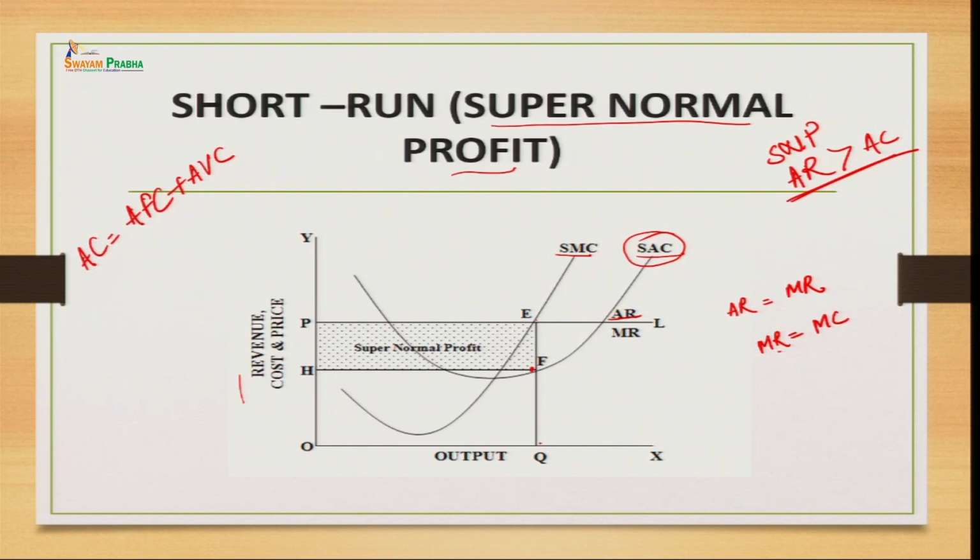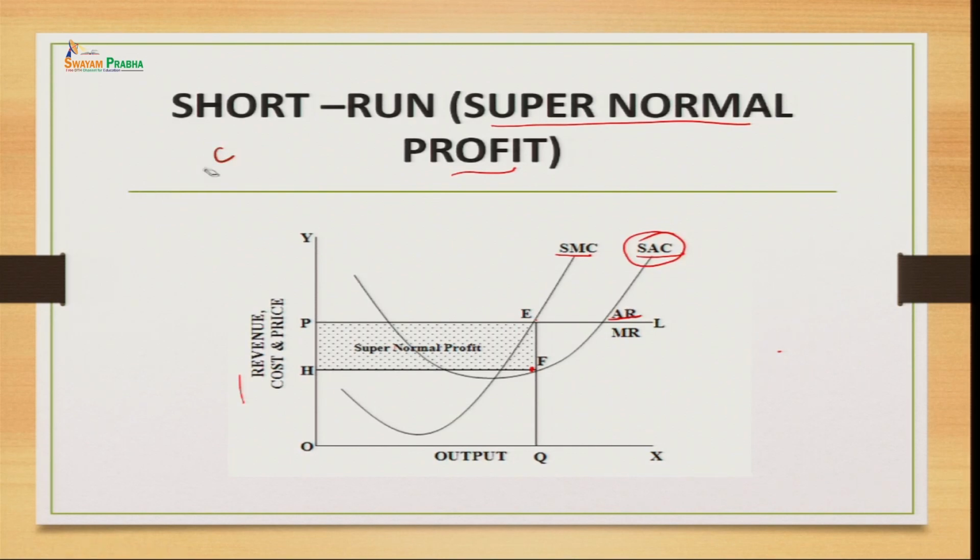So, EQ is the average revenue of the firm and FQ is the average cost of the firm.